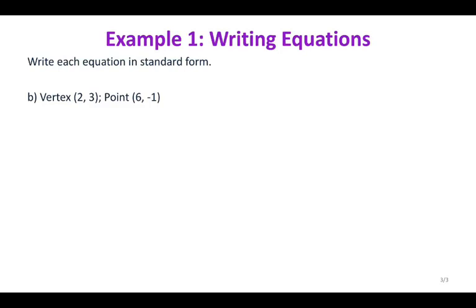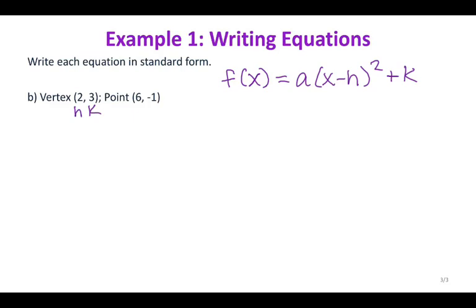Let's do another one. So for this one, it is given to you in words as opposed to on a graph. So again, I want to be able to get this into my standard form. Standard form is f of x equals a times x minus h quantity squared plus k. I have my vertex, that is the h and the k.